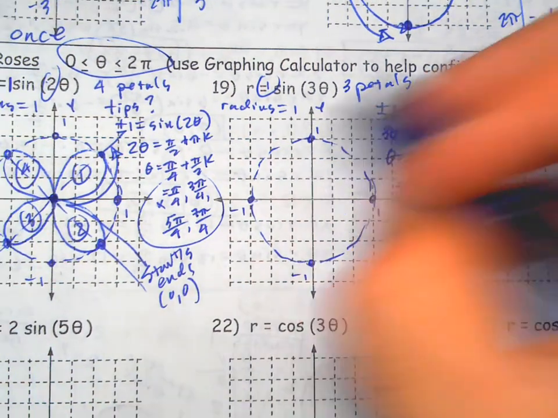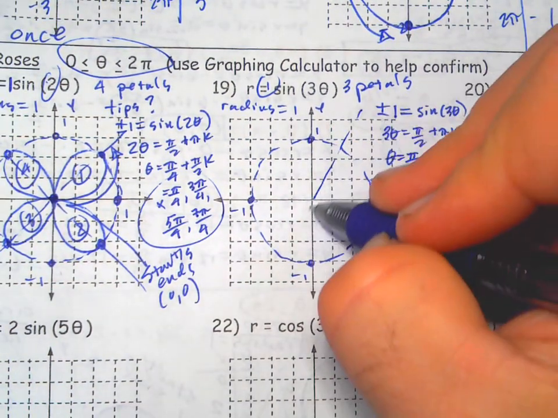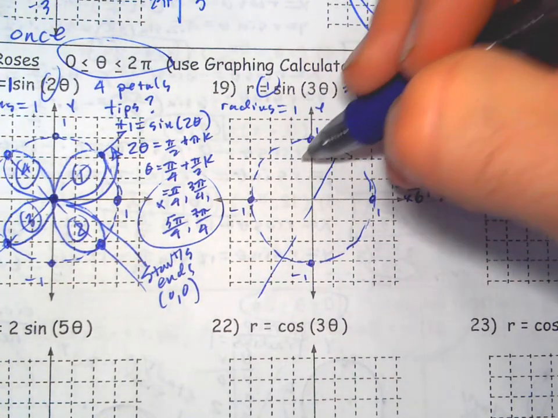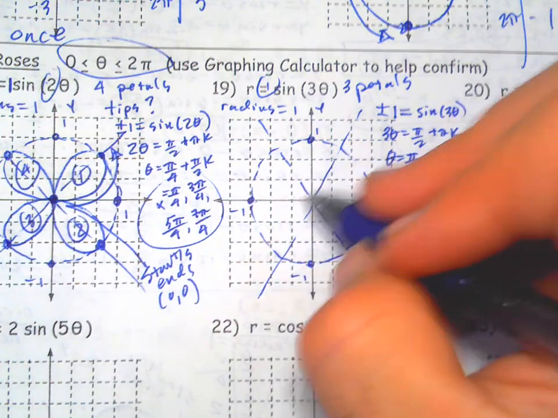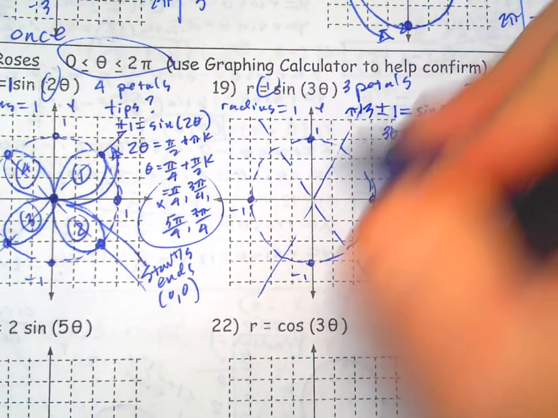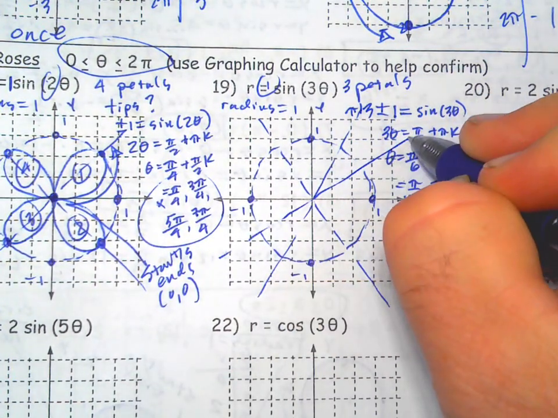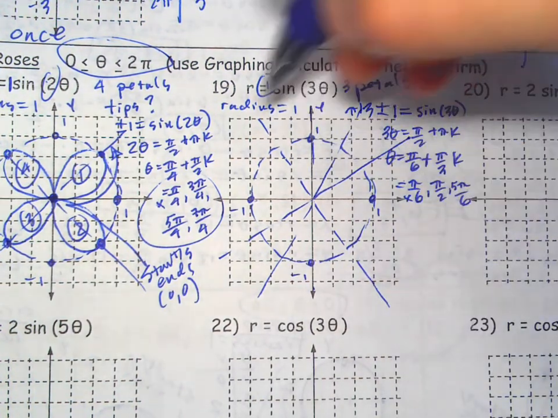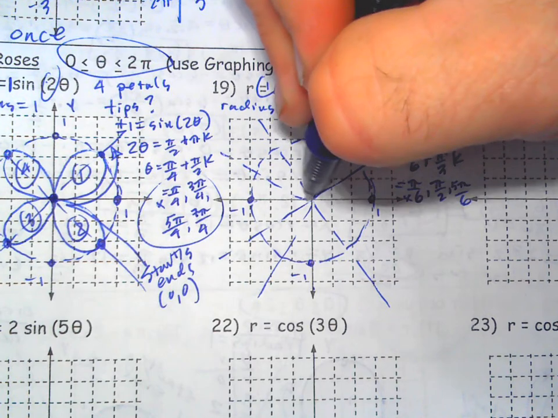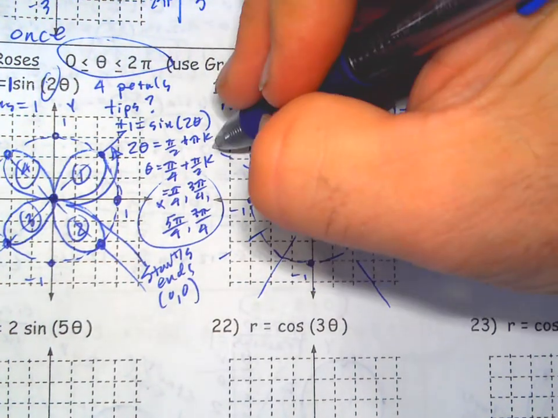Usually, to get pi over 6, I sketch pi over 3, which is going to help us anyway. So that's pi over 3, right? And this is where pi over 6 comes in. And I'll draw all the way through. This is pi over 2. And then 5 pi over 6. It cuts those other angles. So there's 5 pi over 6.